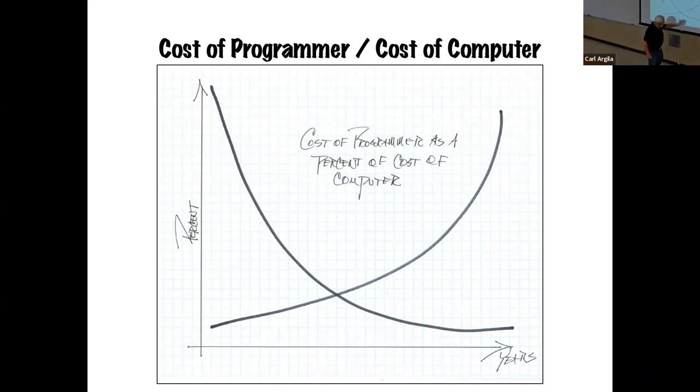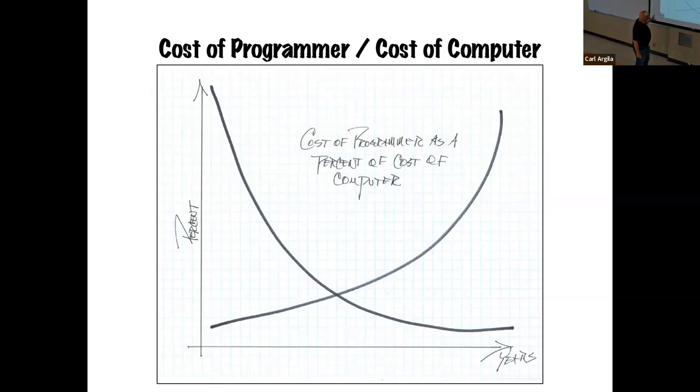As the years have gone by, consider this to be about current 2022, the cost of a programmer now is, let's say, roughly $100,000. And the cost of the computer that programmer is programming is roughly $1,000. 1% the cost of the programmer.